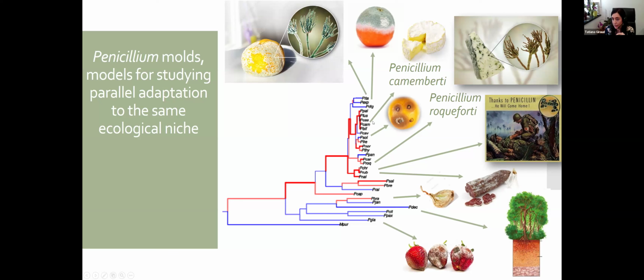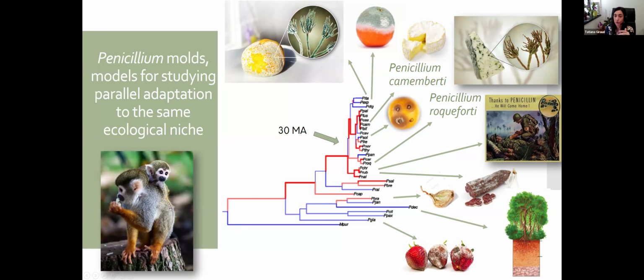There have been several lineages that we have domesticated independently, sometimes for the same use. For instance, here the Penicillium camemberti and here the Penicillium roqueforti are very distant phylogenetically. They separated 30 million years ago, which is like humans from the spider monkey.